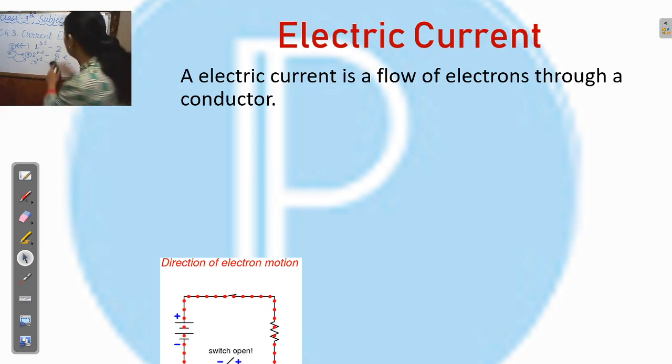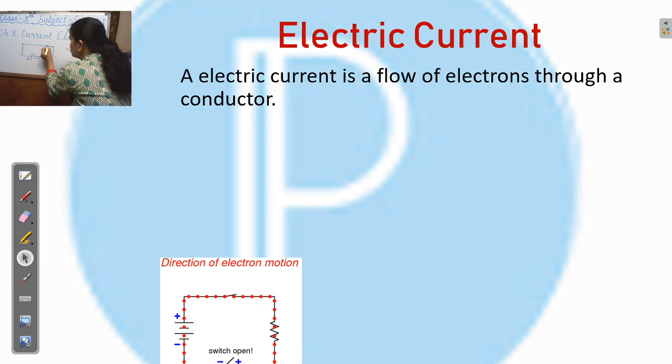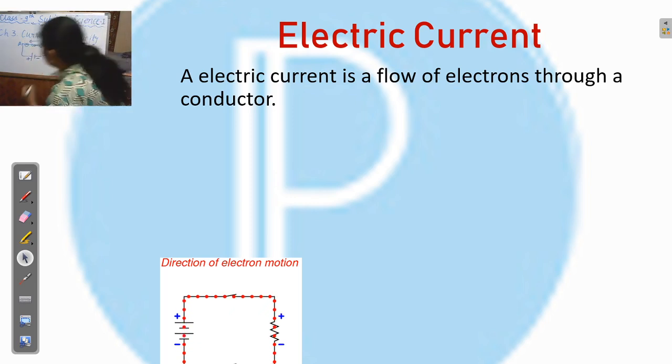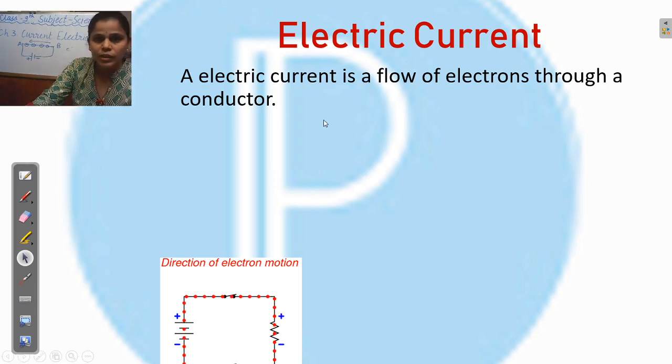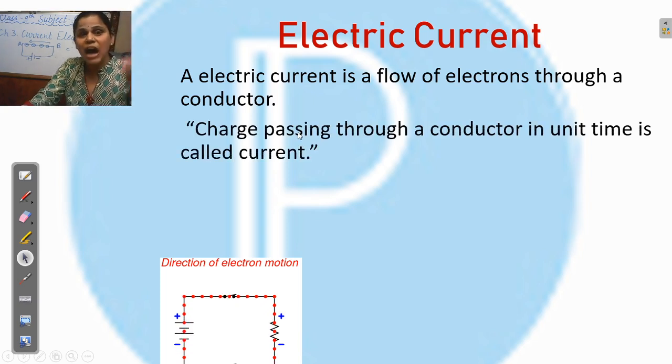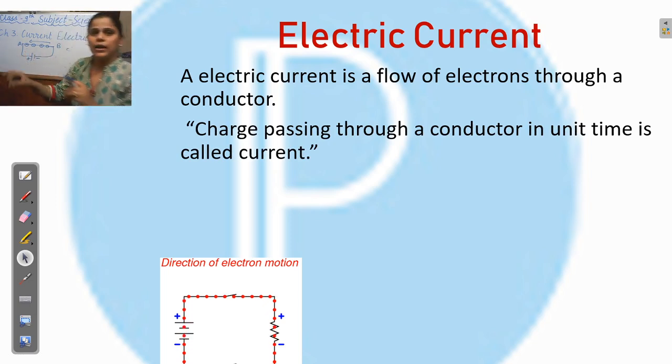In this conducting wire AB, this is the negative terminal, this is the positive terminal, and the electrons flow through this conducting wire in this direction.